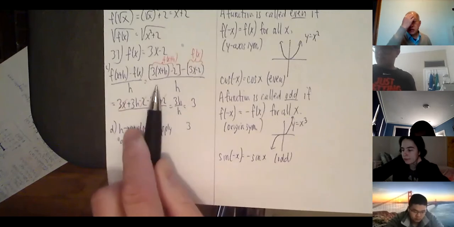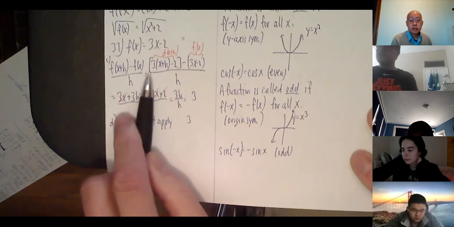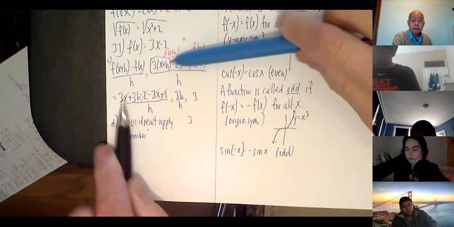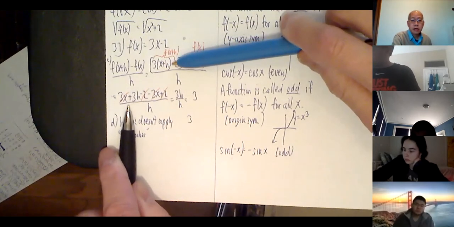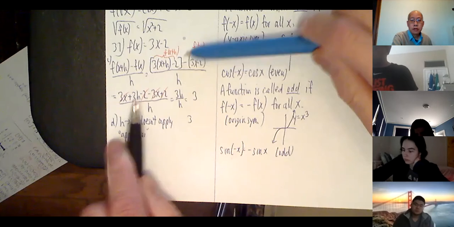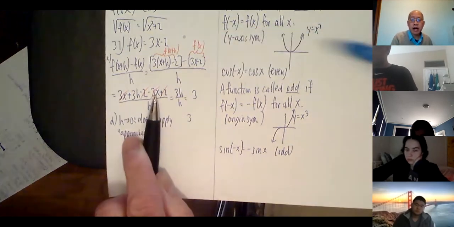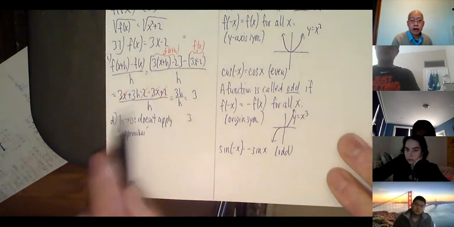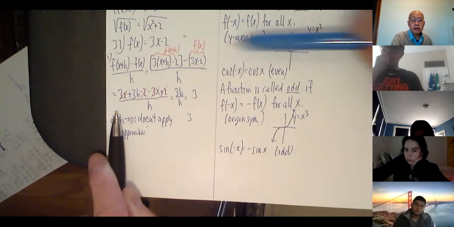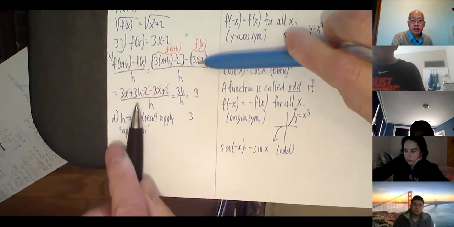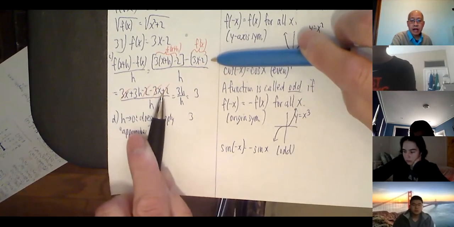Okay, now it's just a little bit of algebra. So distribute, so 3x plus 3h minus 2, and distribute, so minus 3x minus 2 becomes plus 2, right? So all of this junk here is 3x plus 3h minus 2 minus 3x plus 2.